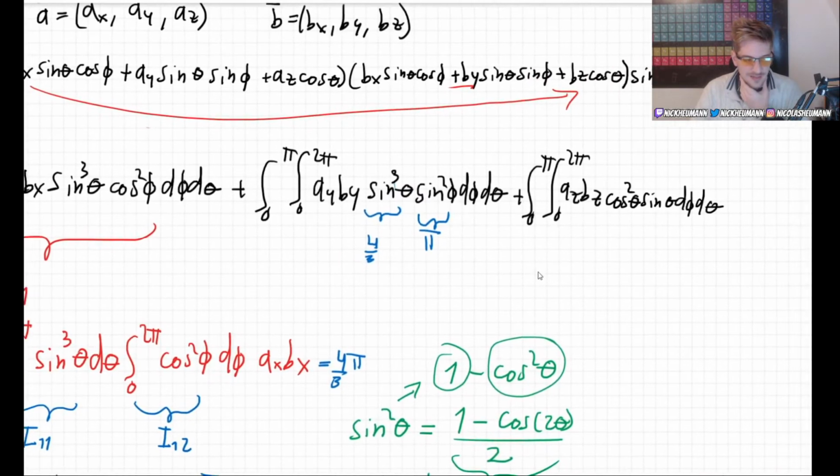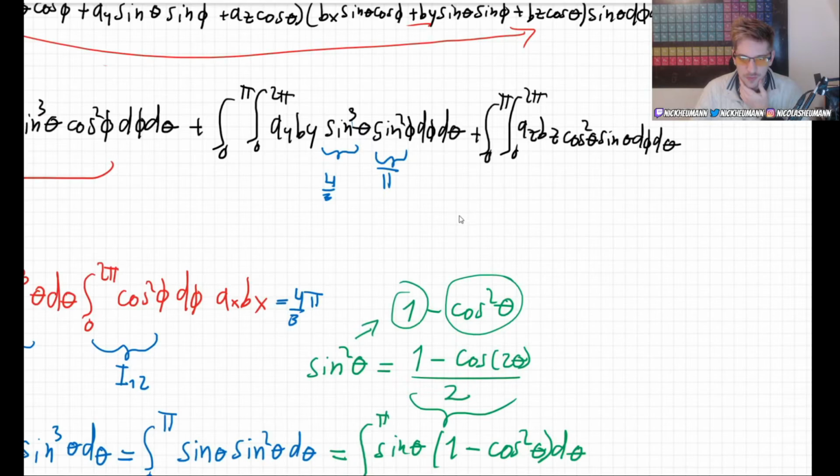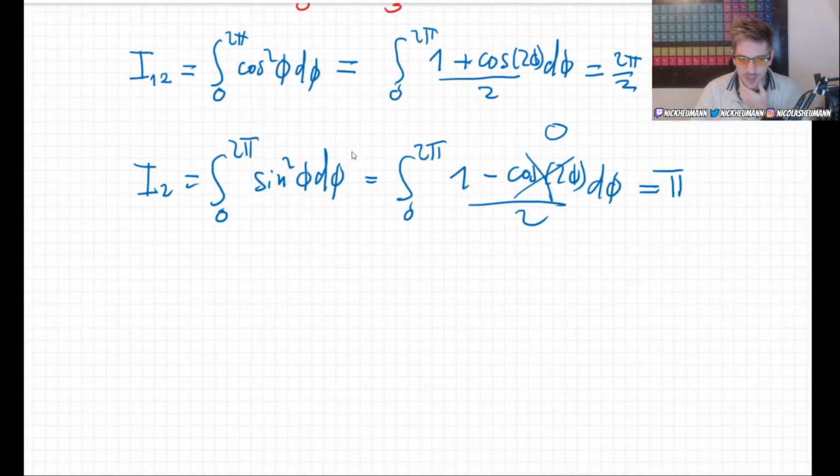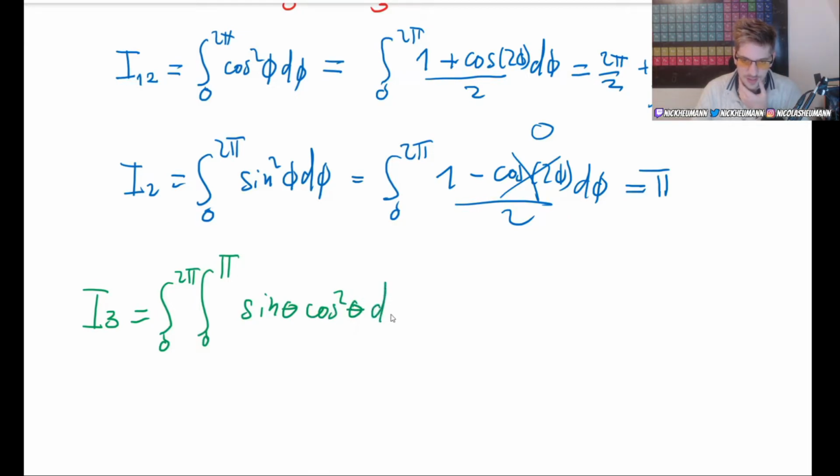So what about the last integral? This one right here. This one has cosine squared theta sine theta. Maybe let's go through it just to make sure that we get it right. So the last integral, I3, is the integral from 0 to 2 pi, from 0 to pi of sine of theta times cosine squared of theta d theta d phi. So the phi integral we can solve immediately.